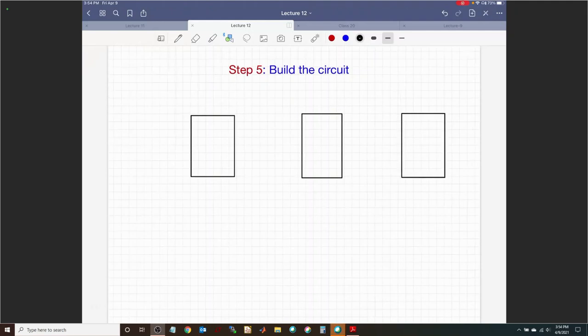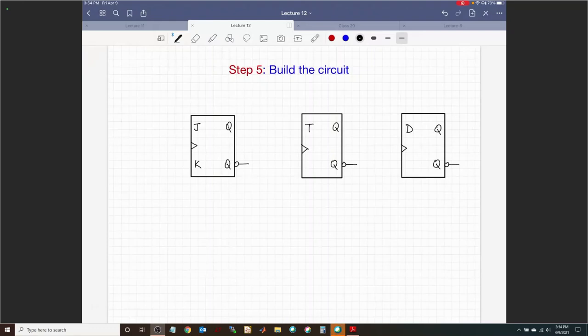Then I can start labeling them. This is my J and K, and then trigger. This is T, this is D, trigger, trigger. And then I've got Q here and Q complement here, Q here and Q complement here, and Q here, Q complement here.